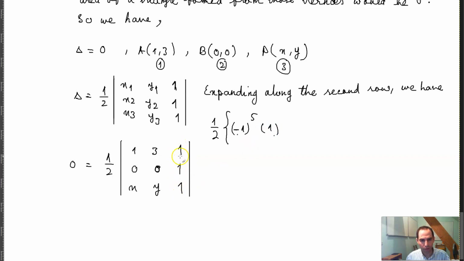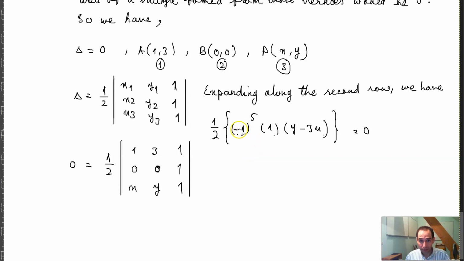Then eliminating this column and this row, you have the determinant y3xy, which would be y minus 3x, and this would be equal to 0.